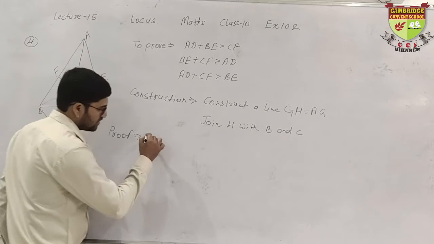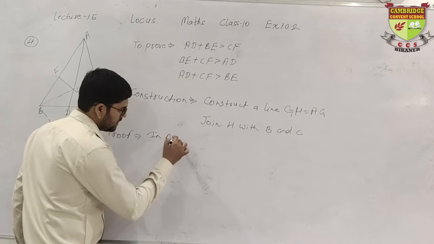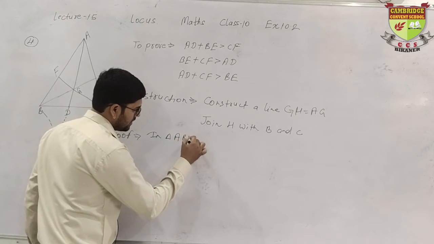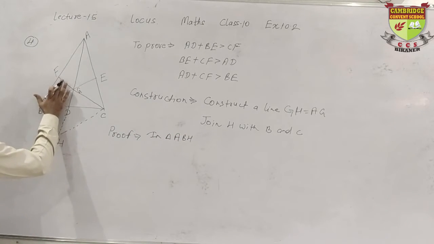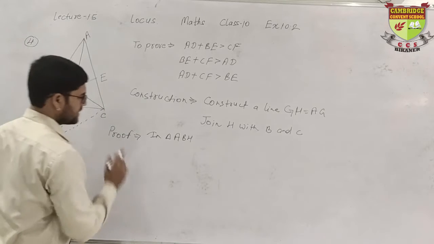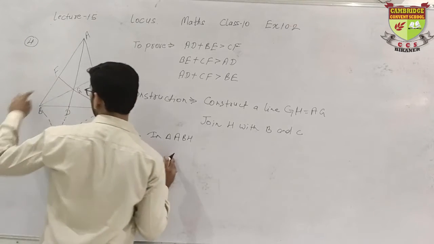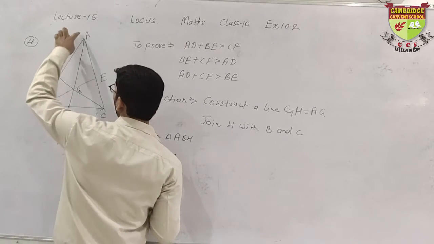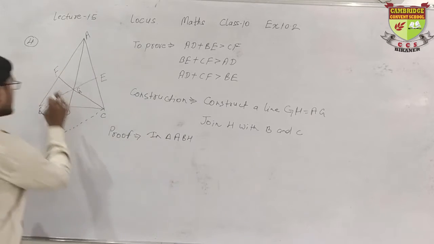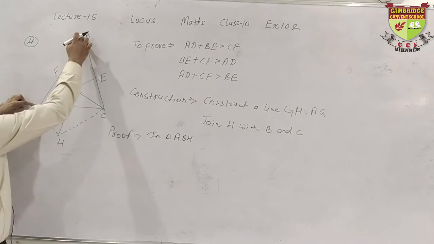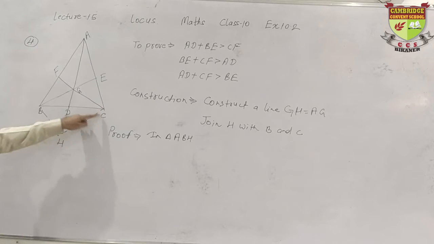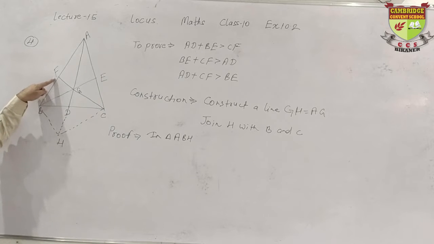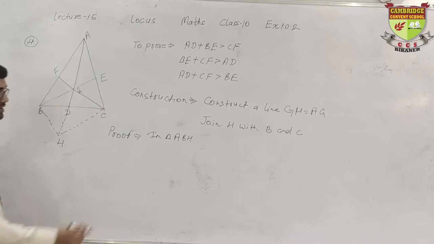See, in triangle ABH, this complete left triangle, F is the middle point of AB. Why? Because CF was the median. That means F is somewhere at the middle.